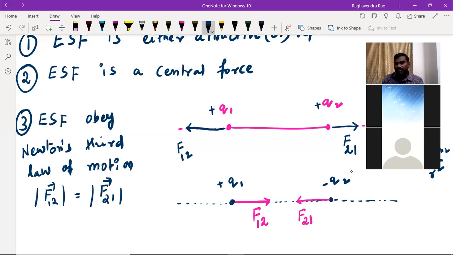F1 means K into Q1 Q2 by r square. F2 also Q1 Q2 by r square. Both are equal in magnitude but opposite in direction. That means net force is equal to 0. That is, it obeys Newton's third law of motion. Because of central force, how it is acting, it also follows Newton's third law. That means Coulomb's law obeys Newton's third law of motion.